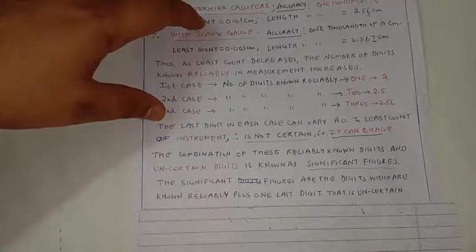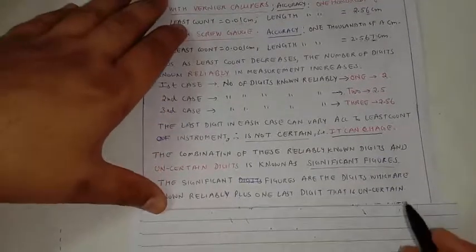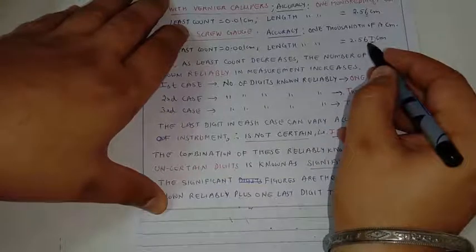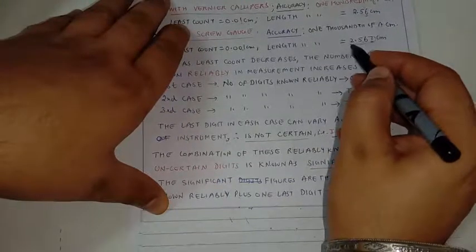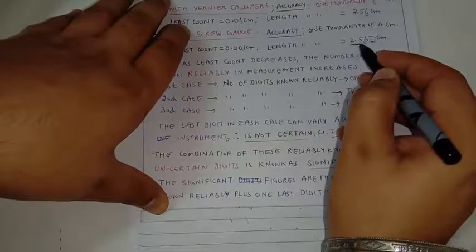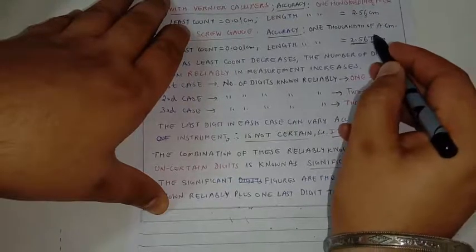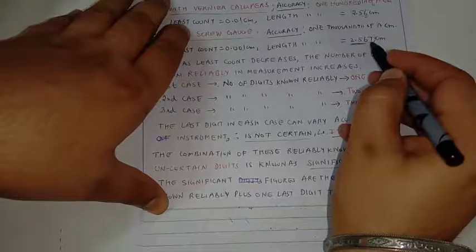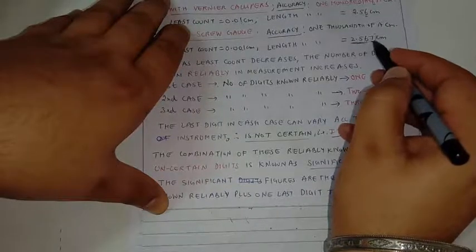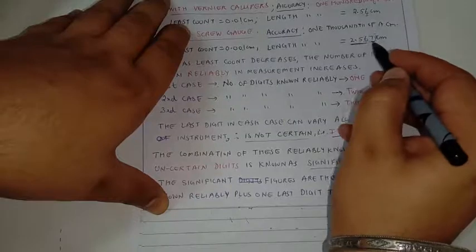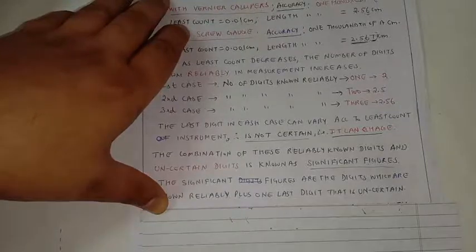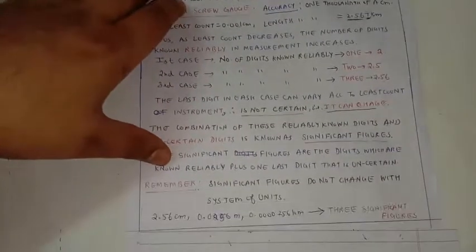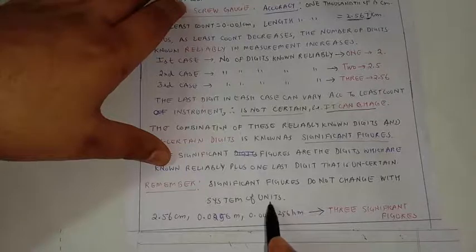So if we take the example of 2.567 centimeter, 2, 5 and 6 are the digits which are known reliably because they will repeat themselves every time, and the digit 7 is the one which may change at the end. So this is a digit with uncertainty. The combination of these two types of digits, we call the significant figures.